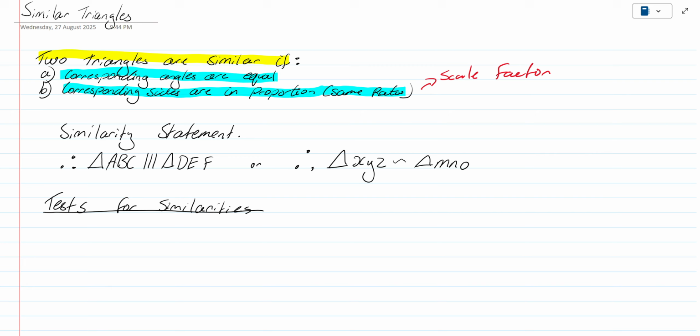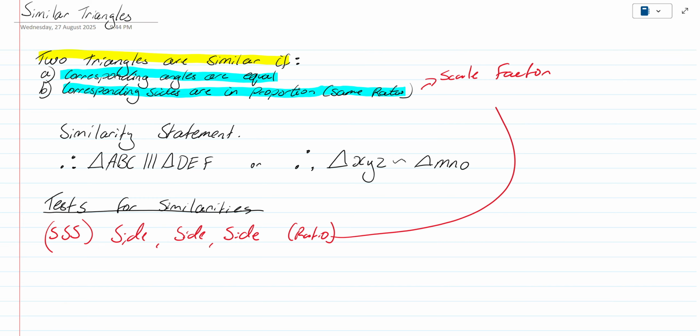But for this video, we're just going to focus on the similarity test. So the similarity test is when we have three sides the same. So side, side, side, and not necessarily the same, but the same proportions, the same ratio. And that refers to the scale factor.